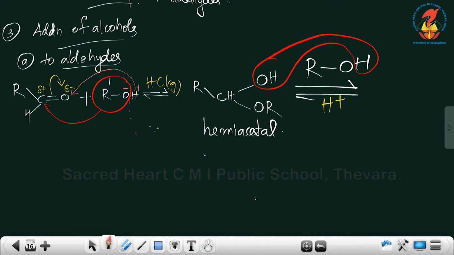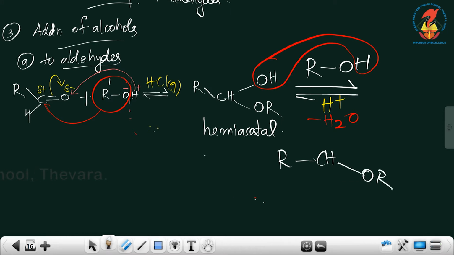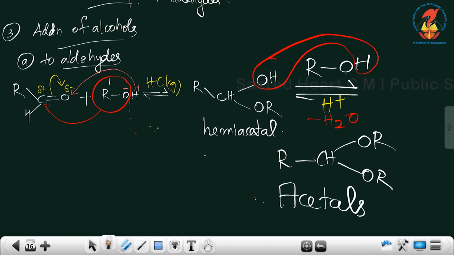Okay, water will be eliminated. So, we can write it as minus H2O, and tell me the product you are getting. R, CH, OR is already present there. Now, after removing water, here what we have? OR group, isn't it? So, that will be attached here. This is the final product we are getting, and this is called acetal.